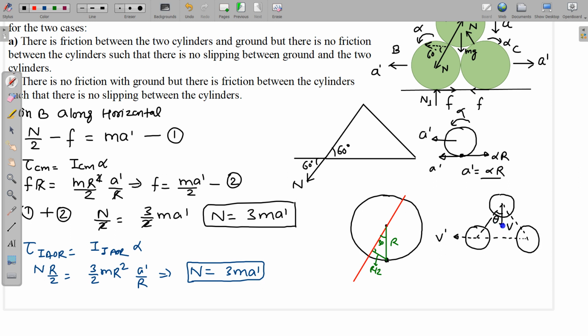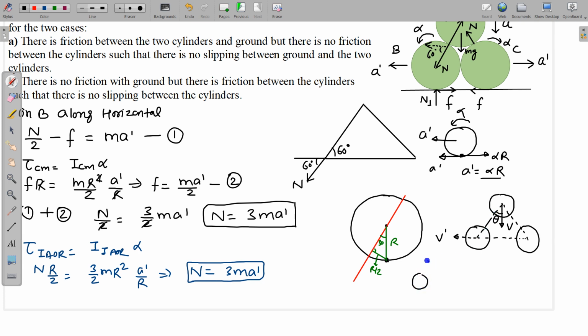We are finding the relation between v and v dash from rigid body constraint. From rigid body constraint, we know that there should be no relative motion perpendicular to the contact surface. So this dotted line is denoting the normal direction.